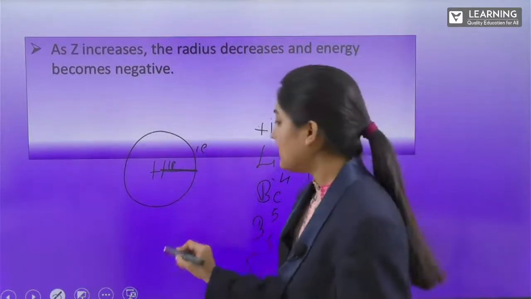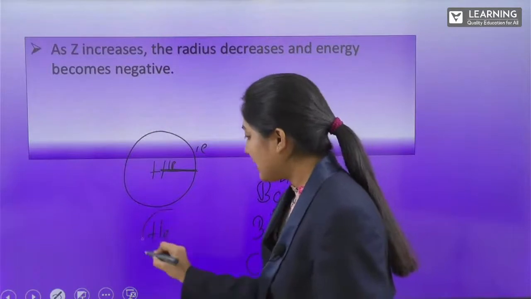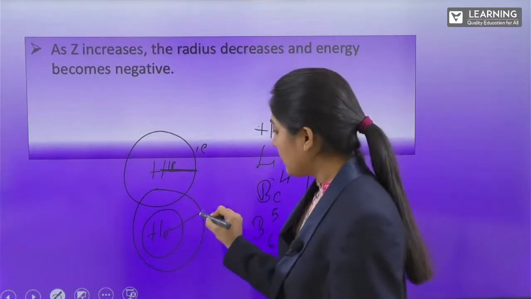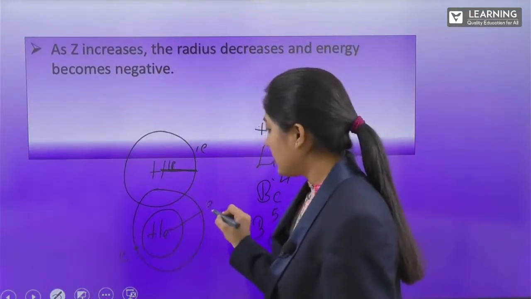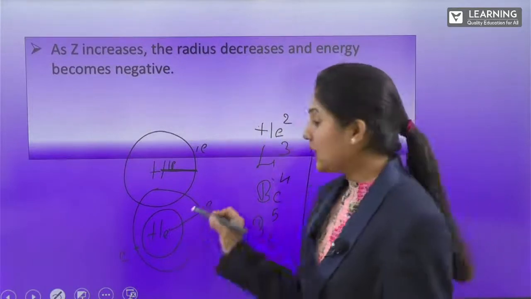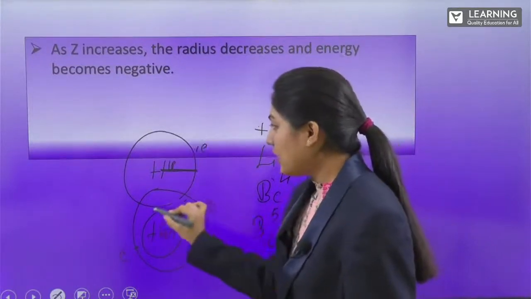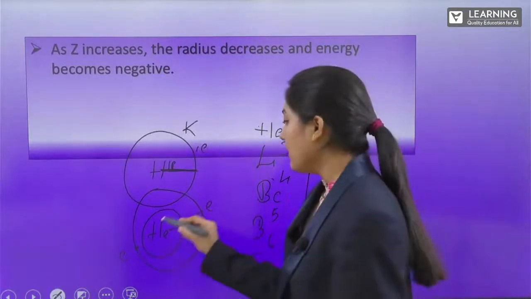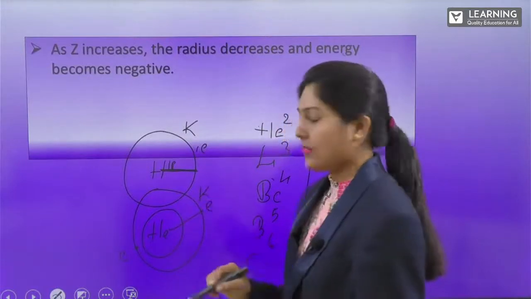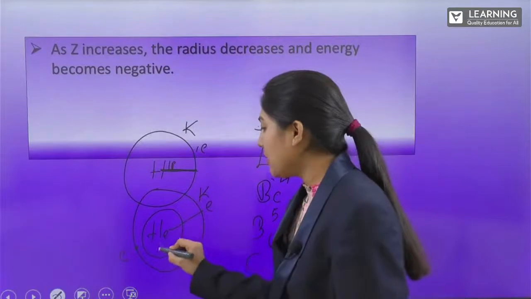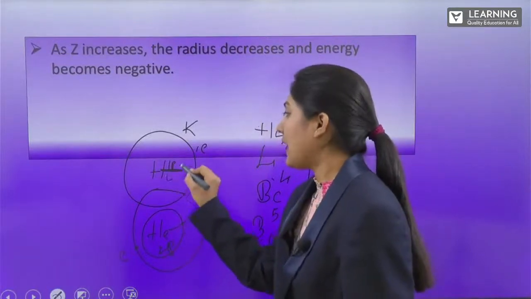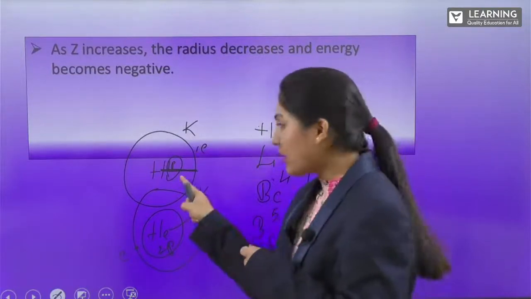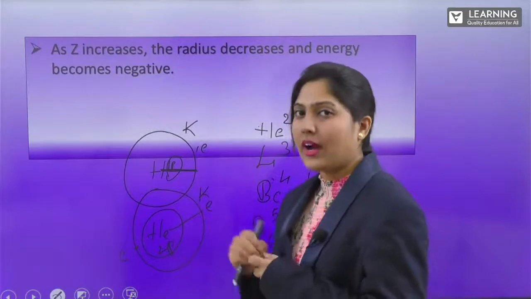If I consider helium, we think it will have the same radius with 2 electrons, right? But it is not. The size of the hydrogen first orbit, the K shell, will be larger than that of helium's K shell itself. Why? Because helium has 2 protons, and hydrogen has only 1 proton. So the nuclear attraction on that orbit in hydrogen is less compared to that of helium.